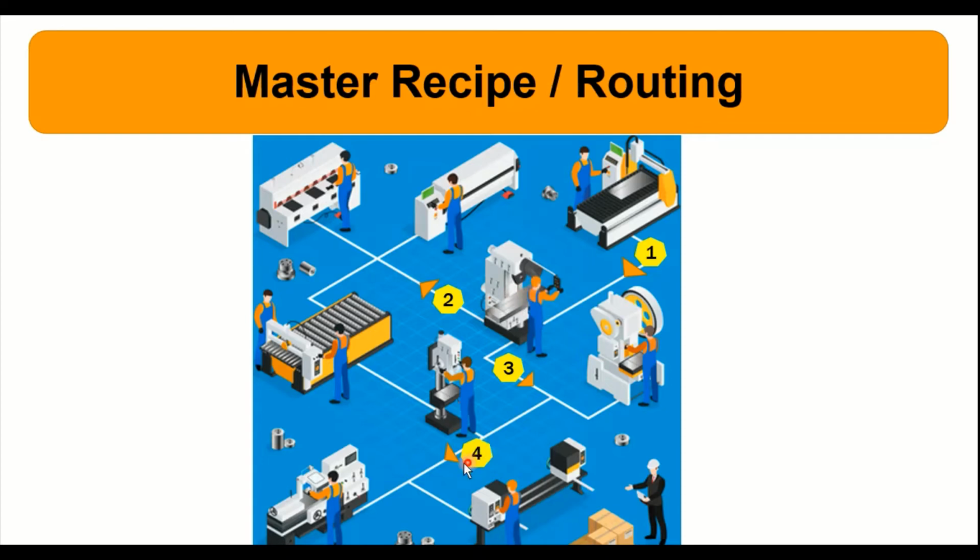After that, it goes to the fourth operation where the assembly operation can take place. These sequences of operations and the number of operations vary based on the type of product we are manufacturing and the number of stages the product has during the manufacturing process.